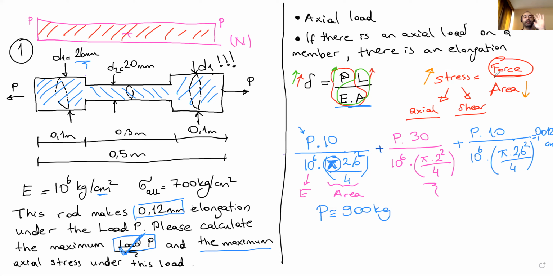By the way, if you can't decide where to look, calculate the axial stress for each portion and select the maximum one. But basically, if the load is constant everywhere, the minimum area gives us the maximum stress.